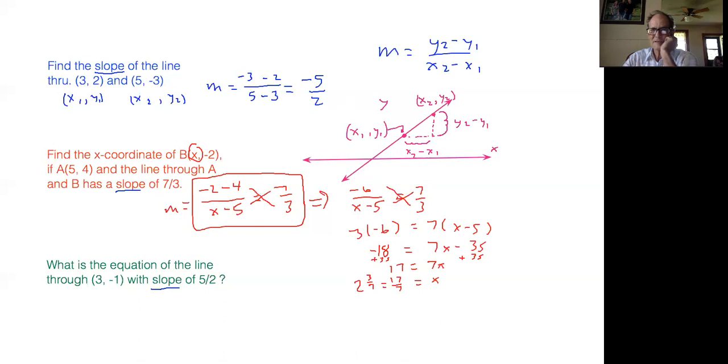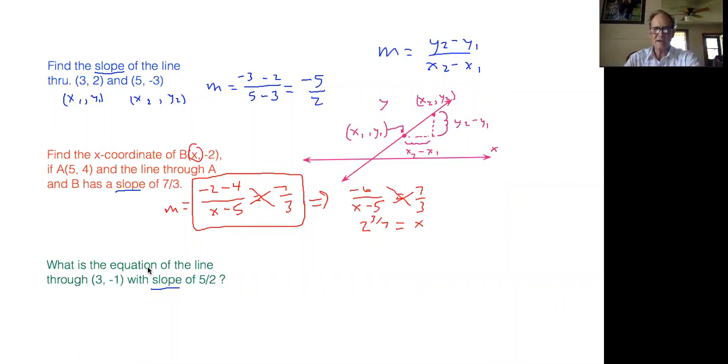Okay, now let's do the last problem. And there's probably a number of ways that we can do this problem, and you might already have a way you've been taught to do it. But can we take our slope formula and apply it again and work this problem using that same tool?